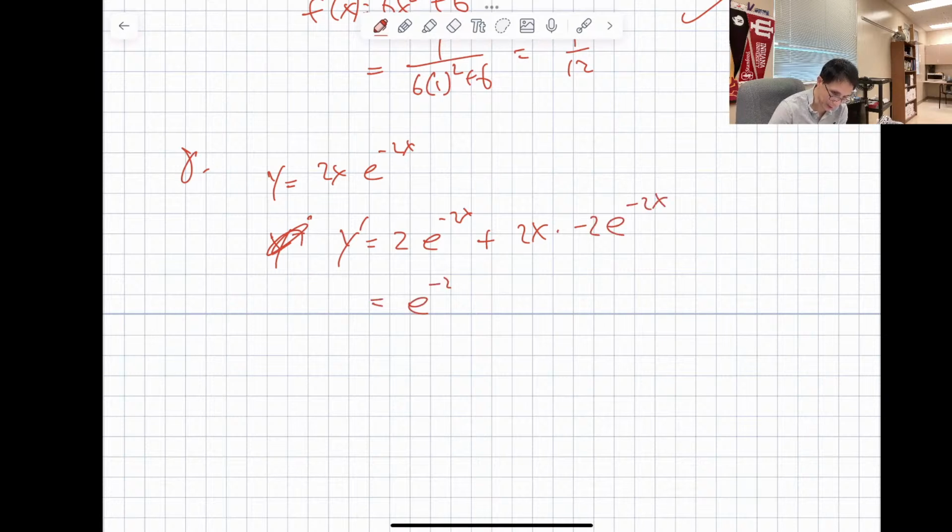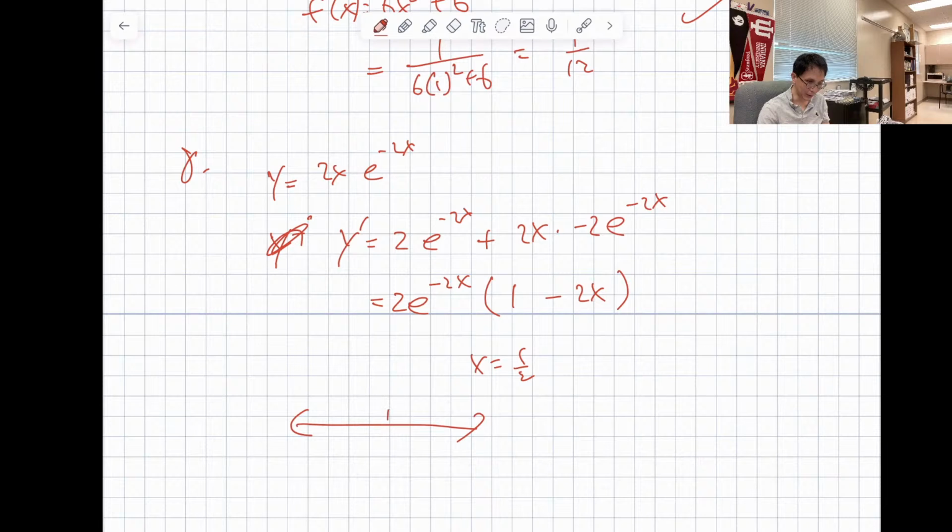And if I factor e to the negative 2x out, if I factor 2 out, that's going to give you 1 minus 2x, right? So x is equal to 1/2. And if I did a number line test on 1/2, from left to right, 2e to the negative 2x is always positive. You don't have to do it this way, but I'm showing you how I would do it.